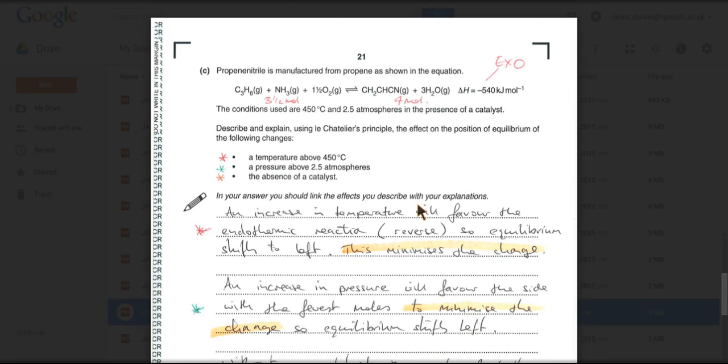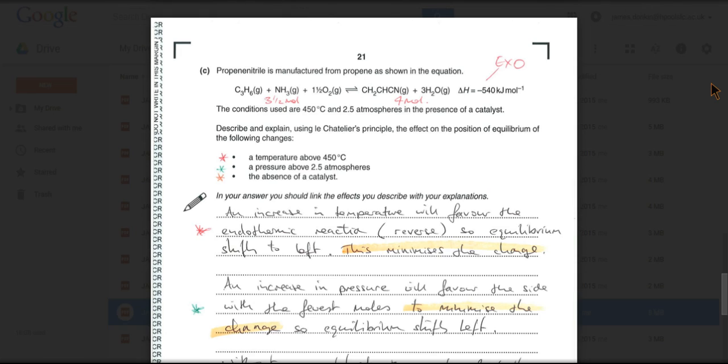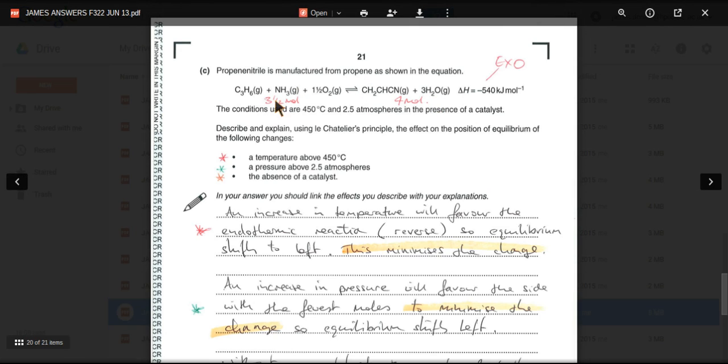So we're given this equilibrium here, showing how propane nitrile is manufactured from propene. So you can see I've written up there some numbers of moles here.